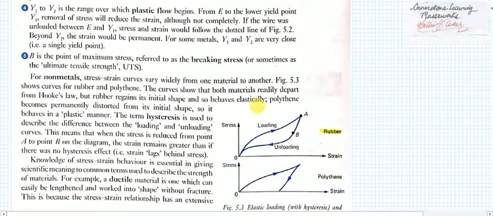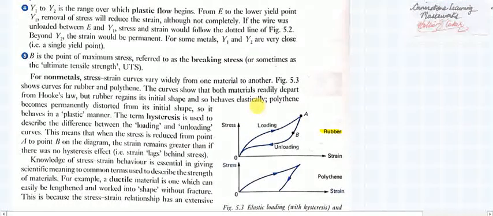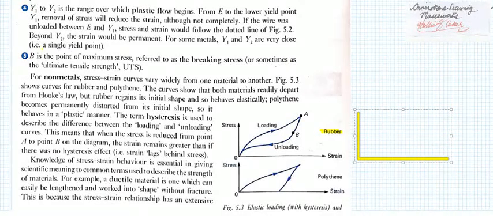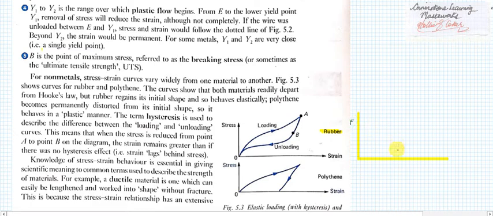We can basically substitute, for stress against strain, a graph with quite a similar pattern: a graph of force against extension, and the shape will look very much the same. This is what happens when you're loading, and this is how the graph follows when you're unloading.